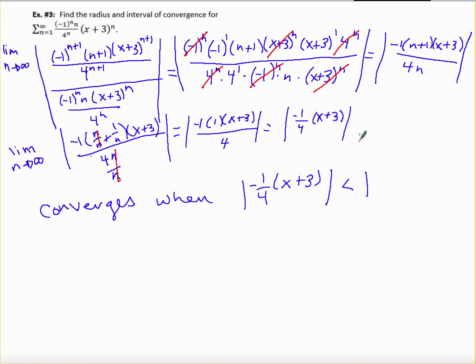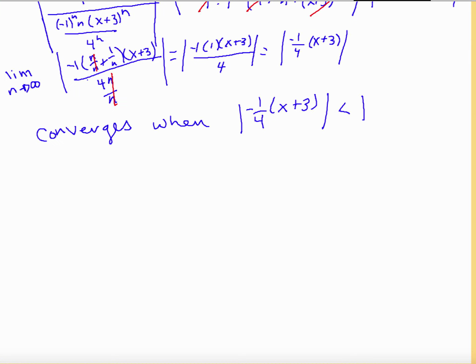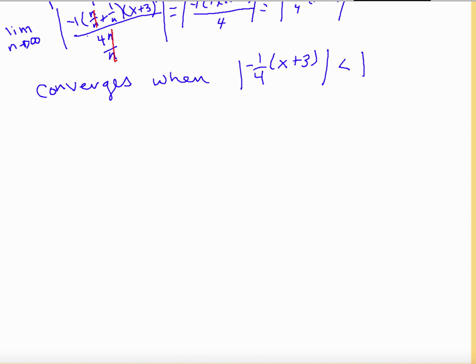So we could go ahead and try and solve that. So I'm going to write myself a little complex inequality. I have negative 1 is less than negative 1/4 times x plus 3, which is less than 1.